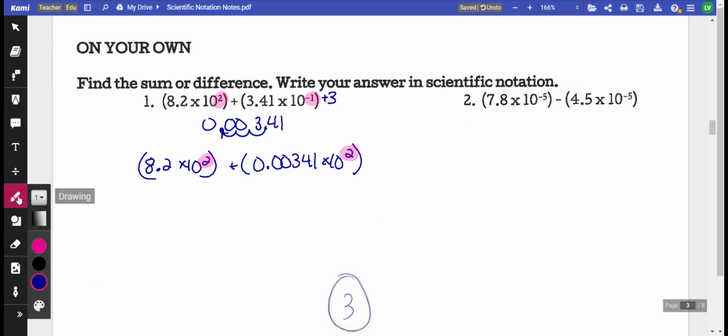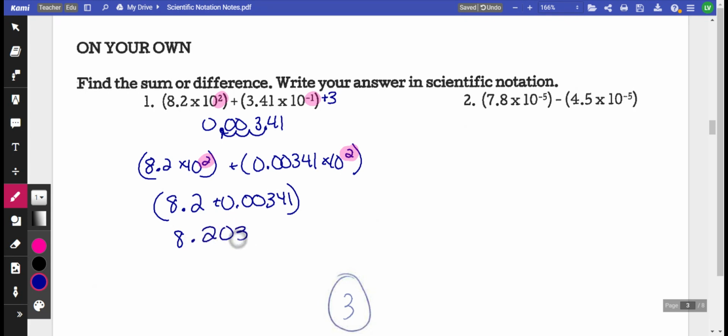And because we have the same power of 2, we can actually combine our factors. 8 and 2/10 plus 341 hundred thousandths gives us 8 and 20,341 hundred thousandths. Then I'm going to multiply this by 10 to the second power. My factor is between 1 and 10. I have a power of 10 with an integer, so that's my final answer.